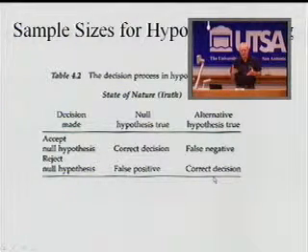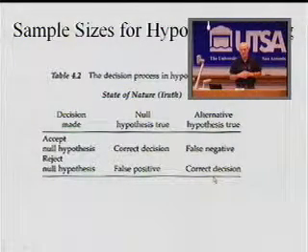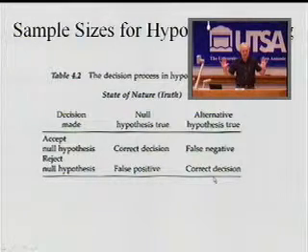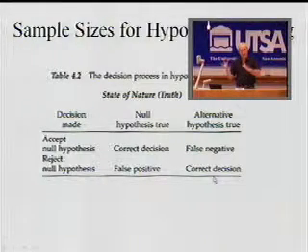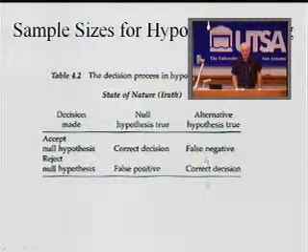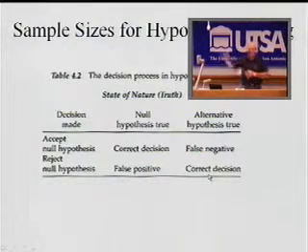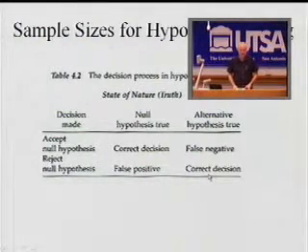If you reject the null hypothesis correctly because your experiment is done right and your scientific hypothesis is correct, you make a correct decision and your data supports your scientific hypothesis.